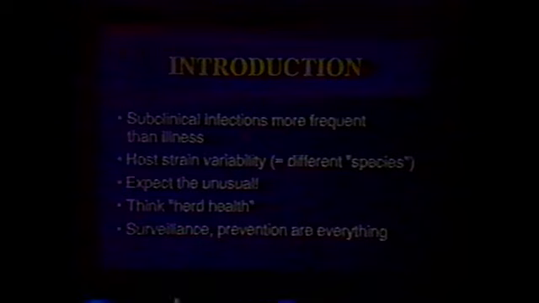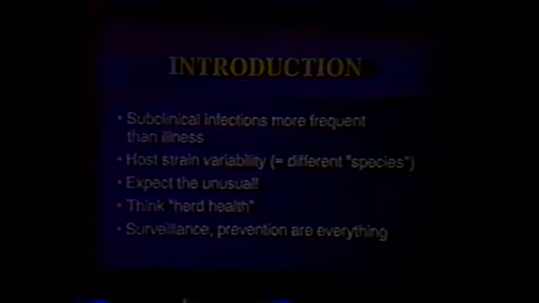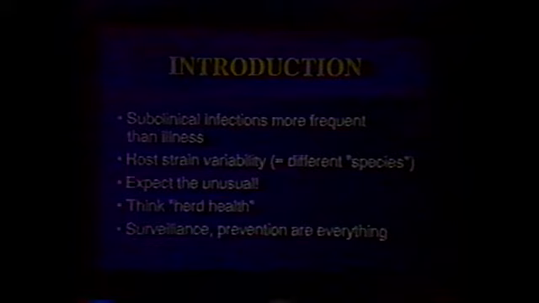Okay, and that's nice. We like to have that homogeneous response because it decreases the variability in experimental protocols. Okay, but this homogeneity of response also creates quite a divergence amongst the different strains in how they respond to different diseases and different agents, okay?